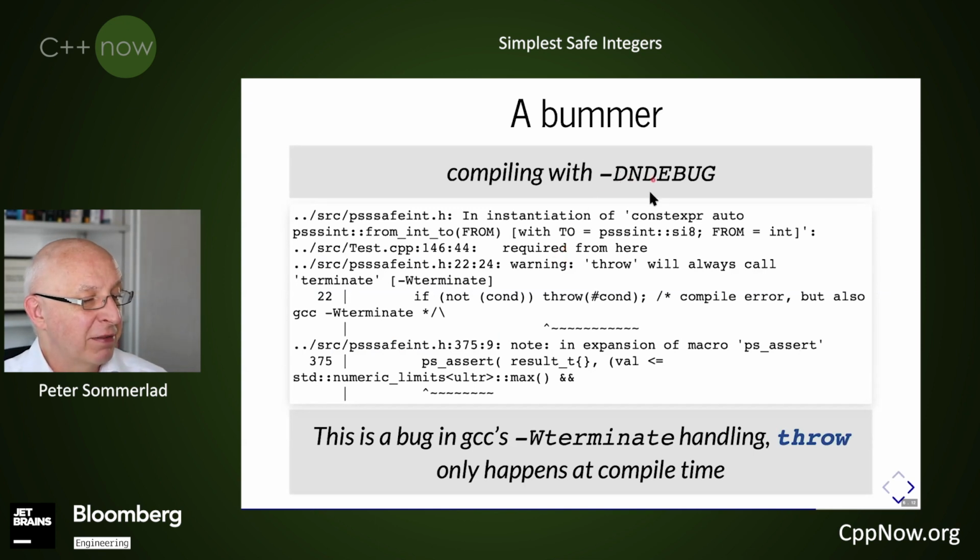If we compile with -n debug, we have that throw here in a code path that is if constant evaluated.